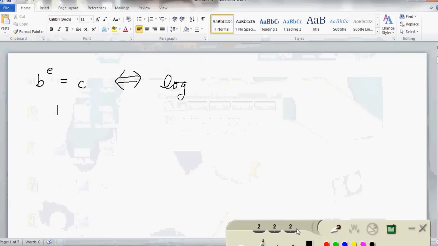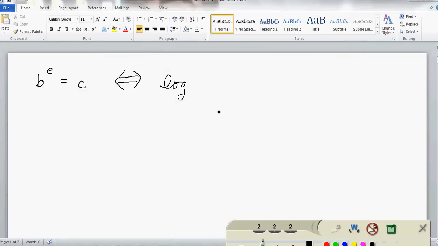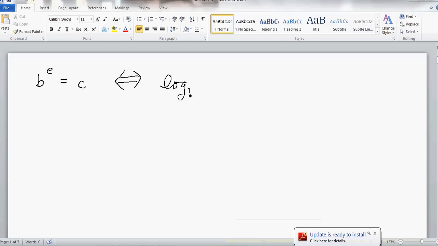And so, what this is equivalent is we can take the log base b of whatever the expression is will always equal the exponent. And so these are equivalent statements, and that's basically what we are asked to do here at the very beginning. We are first asked, okay, suppose that we have the problem 2 cubed equals x, and we are asked to write this as an expression involving logarithms.